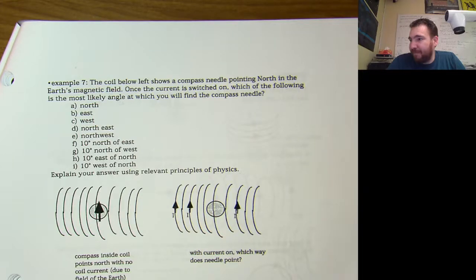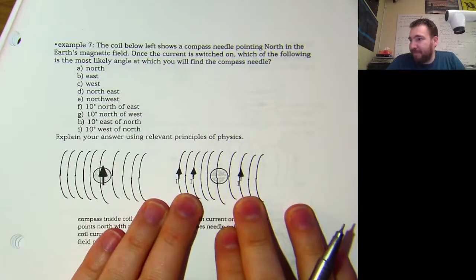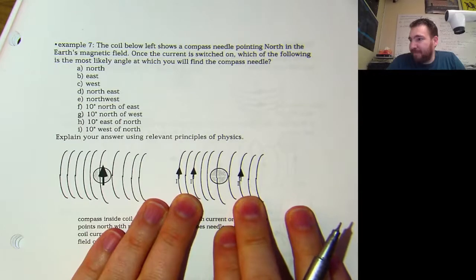So let's rule out some options. Let's get rid of a bunch of these. What do we know is not going to happen to this coil? It's likely not going to stay pointing north. Let's look at which way the magnetic field is pointing once we turn this thing on.